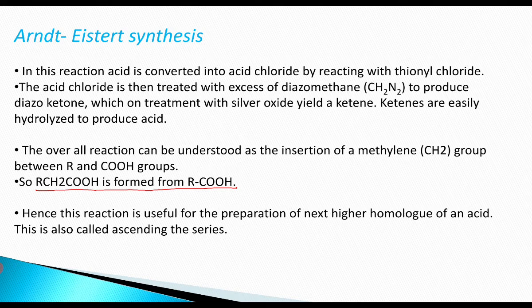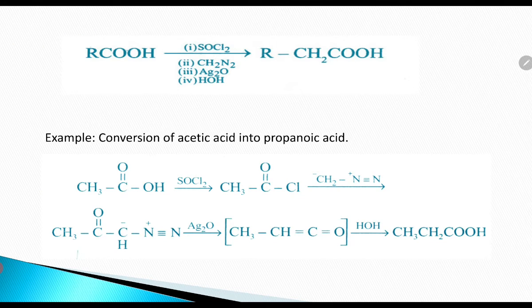But in this reaction, one additional carbon atom is added in the process of the reaction. Hence, this reaction is useful for the preparation of the next higher homologue of an acid. This is also called ascending the series. Let us see the examples.